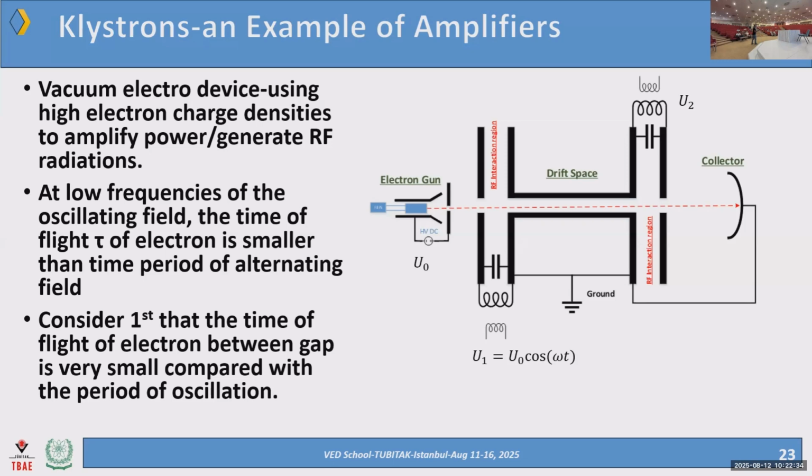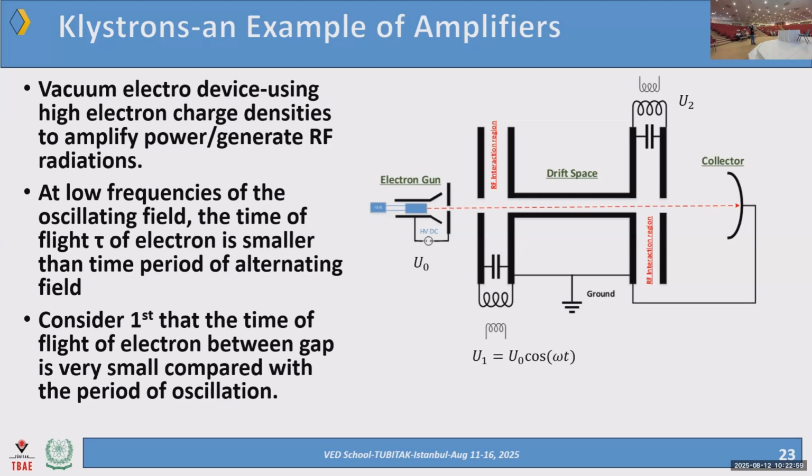So if we have an oscillating circuit which has a certain oscillating frequency and it is applied with a certain voltage as compared to the electron gun, there is quite a possibility that there will be oscillation in this region. The field within this region will be oscillating.